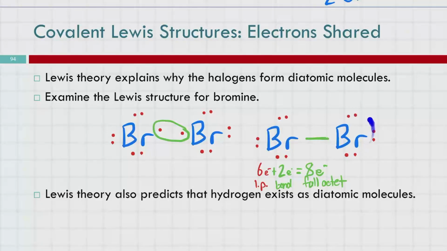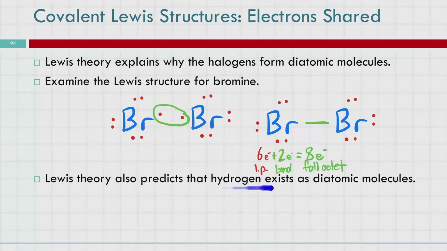And it's the same for the other bromine because it's the same thing. 2, 4, 6 valence electrons in the form of lone pairs, plus another 2 in our bond to give us a full octet. So Br2 gets full octets for both bromines. They're stable, they're happy. It's going to be the same for iodine, for chlorine, for fluorine, our other halogens, because they're all sharing 1 electron.